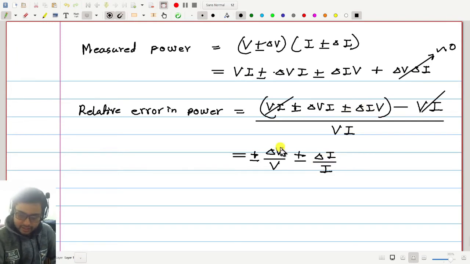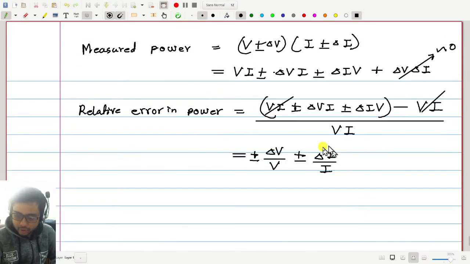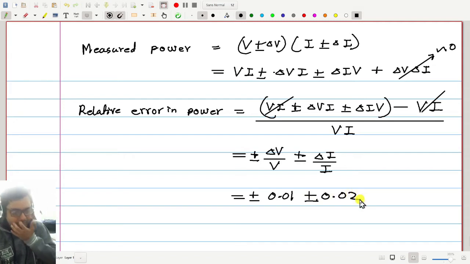Now this quantity is how much? As we have said, this is 1%, and the other quantity is 2%. So that means plus minus 0.01, plus minus 0.02.